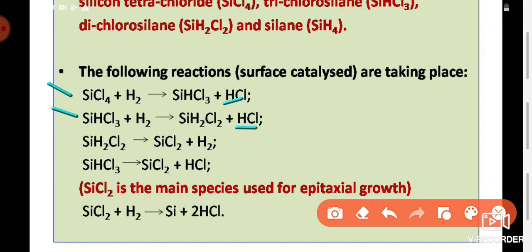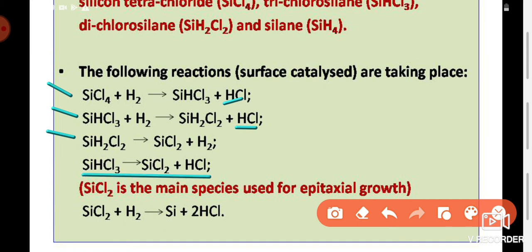In the third equation, you can see SiH2Cl2 decomposes into SiCl2 plus H2. And in the fourth equation, SiHCl3, that is trichlorosilane, further decomposes into SiCl2, silicon dichloride, plus HCl.